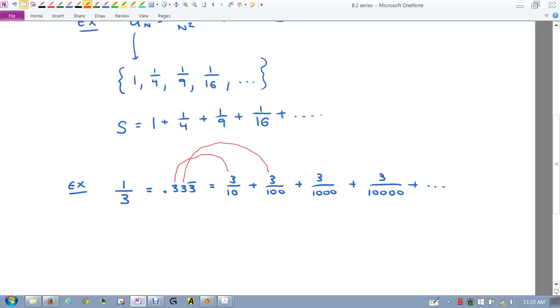The next decimal is 3/100. The next one was 3/1000. And that's what that repeating decimal means. Each one of these is a number. Each one of these is positive, and we're adding forever. And what we're saying is if you did that forever, you would get exactly 1/3. So yes, it is very possible to have an infinite series of numbers added together, keep adding them, and never get past something.